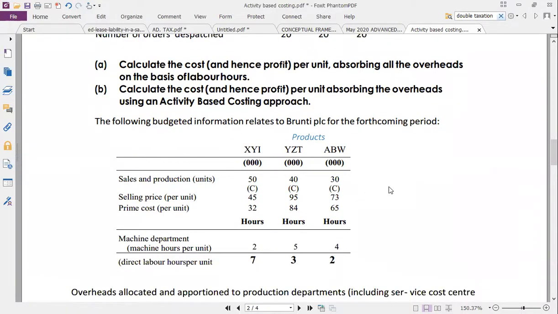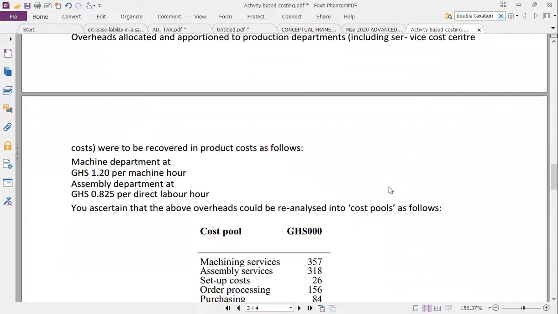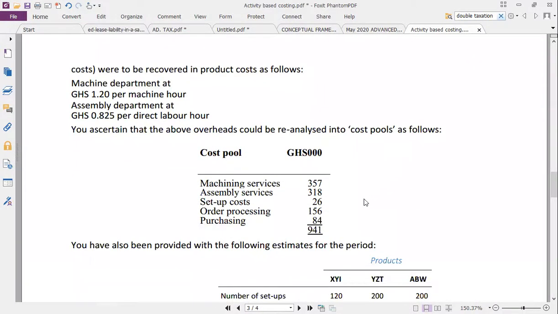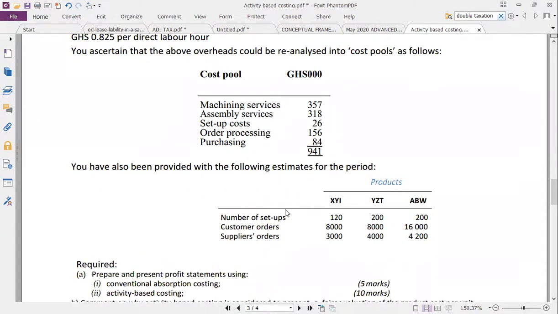So setup cost. The cost driver is the number of setups or production runs. The setup cost itself is what? 26,000. So you have to use number of setups, right? Then you add the total together.